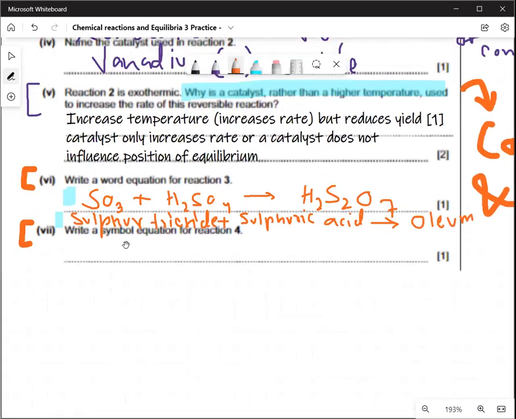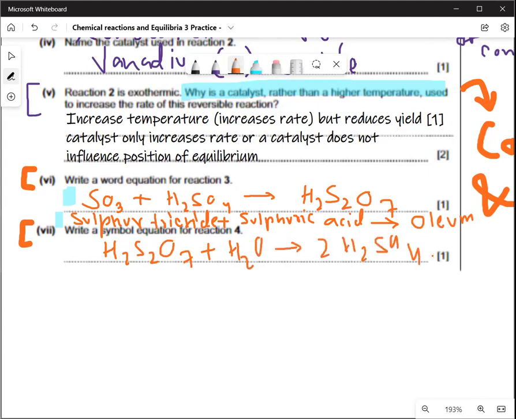Now tell me the symbol equation for reaction 4, stage 4. For stage 4, it is H2S2O7 plus H2O gives 2H2SO4.